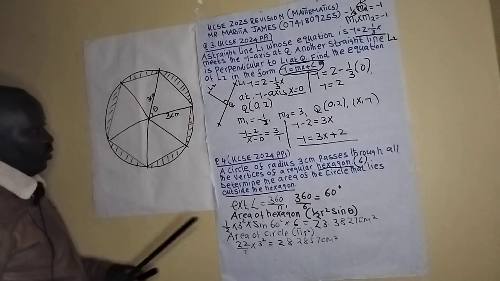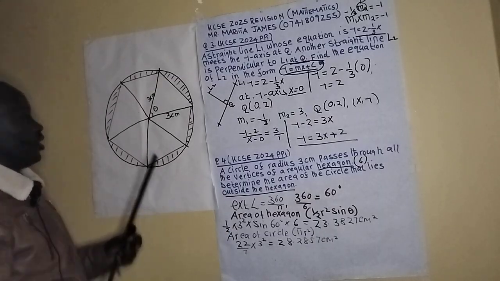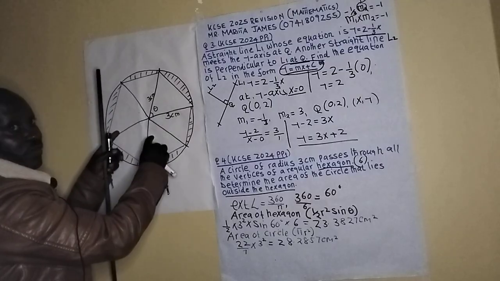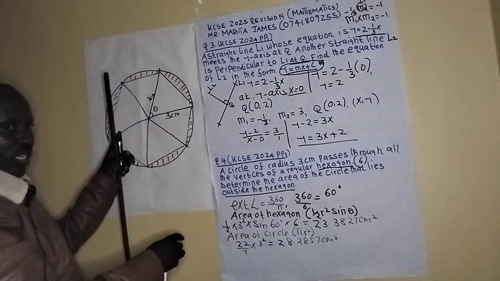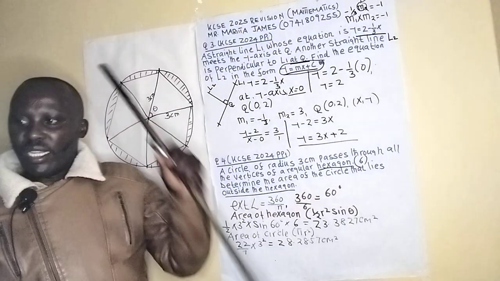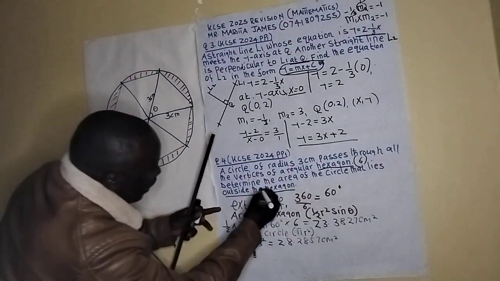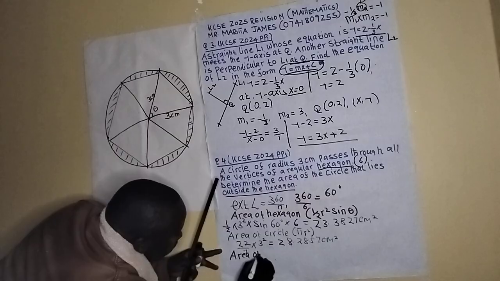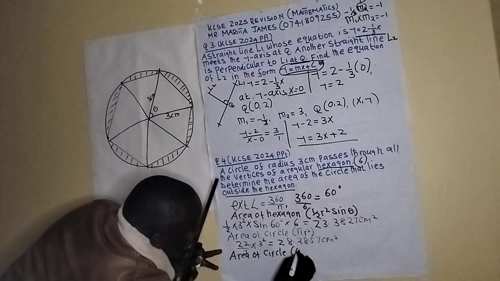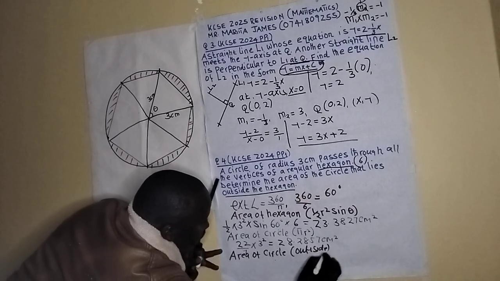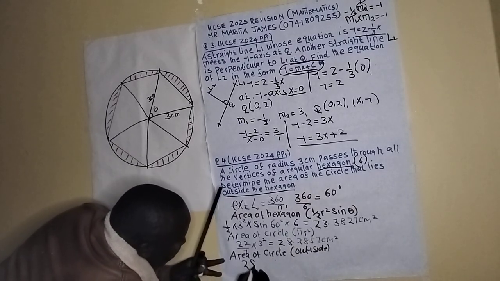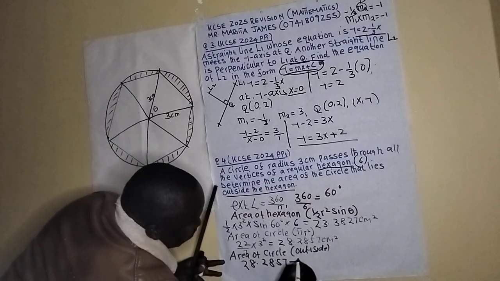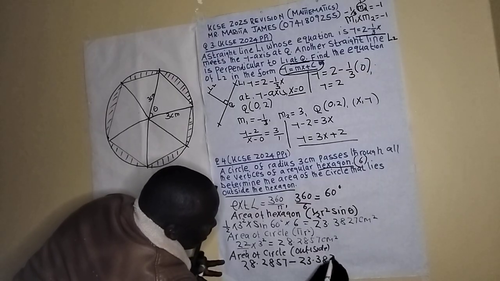So to get the area of the circle that lies outside the hexagon, you take the area of the circle minus the area of the hexagon. You take 28.2857 centimeters squared minus 23.3827.